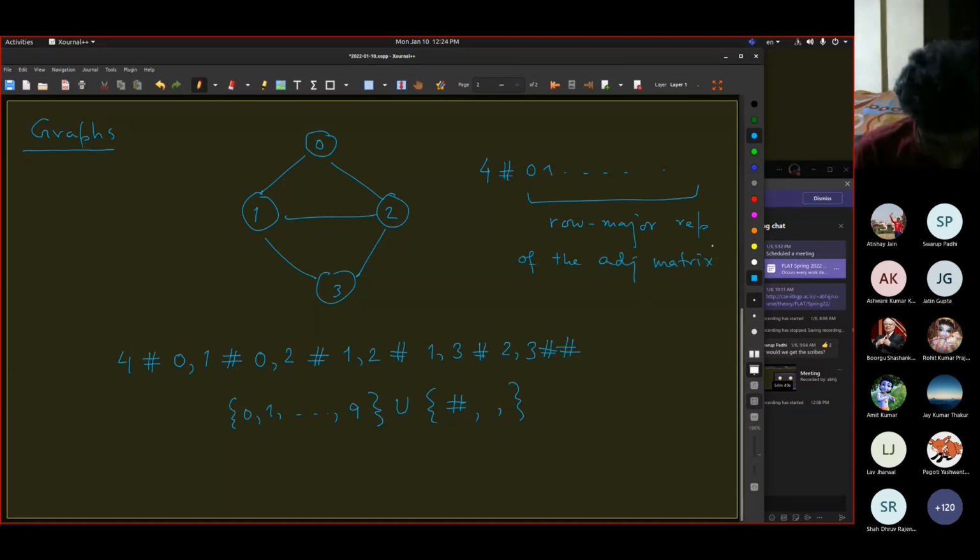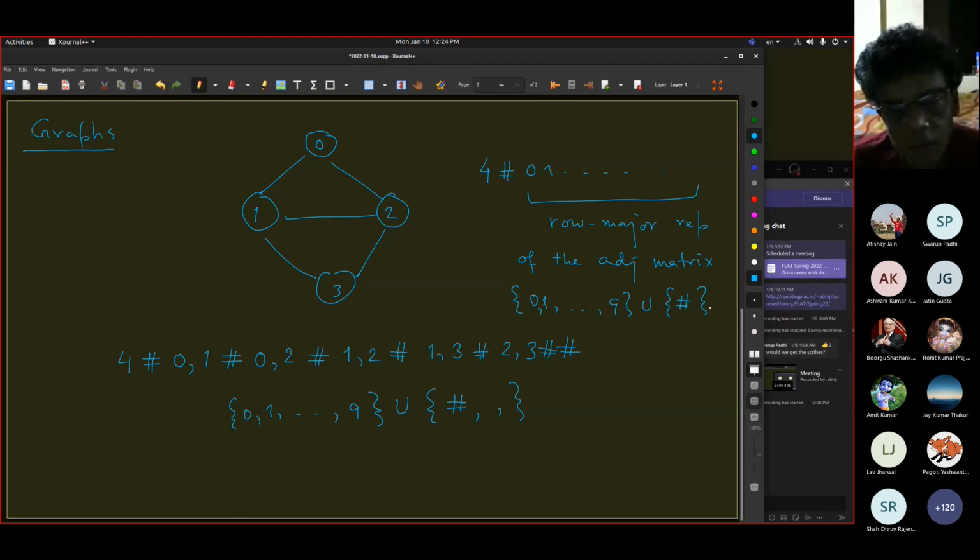If I make this representation, now my alphabet becomes 0, 1 up to 9 for this part, and 0, 1 here, and union hash. So every conceivable thing can be represented as a string.